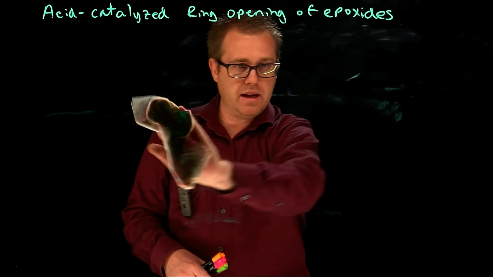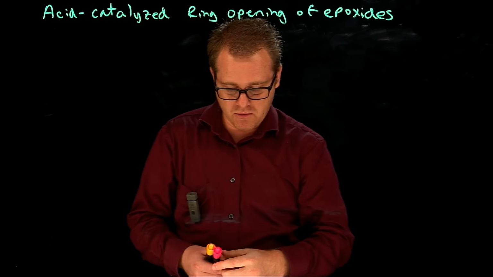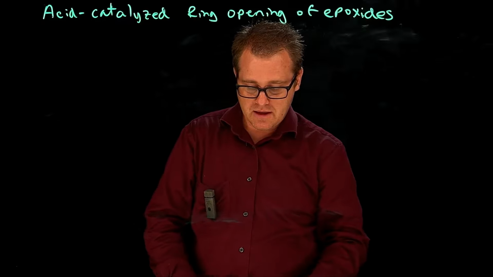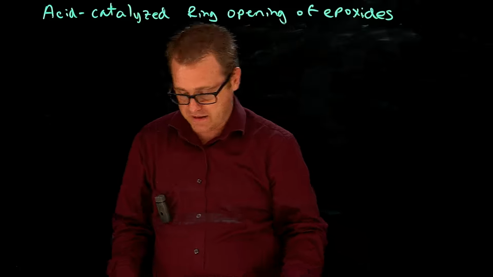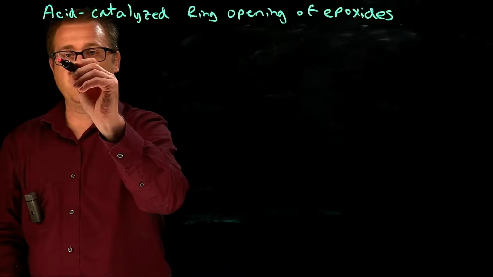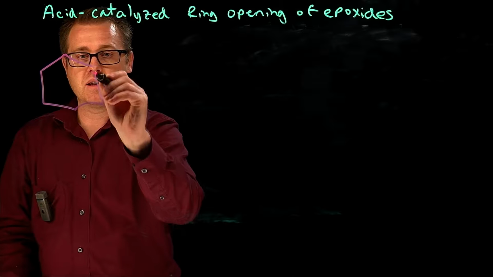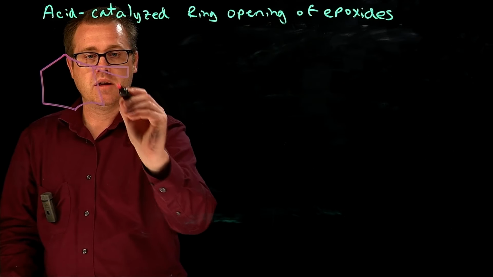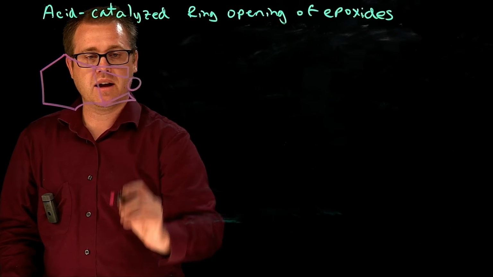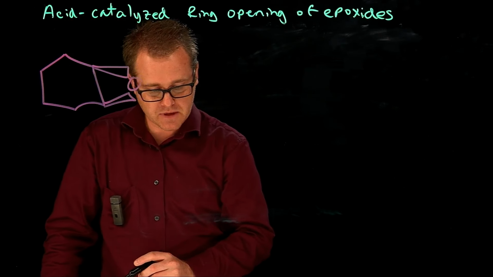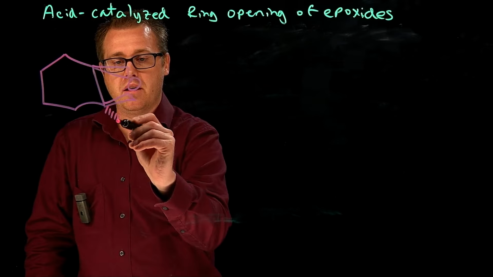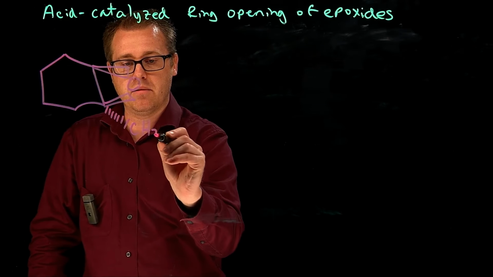So under the acidic conditions here, let's look at another example. The same principle applies when it comes to stereochemistry here. So if I have an epoxide that looks like this, okay, and let's draw in our methyl group right here.